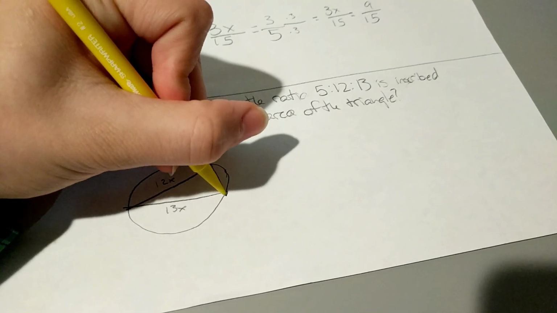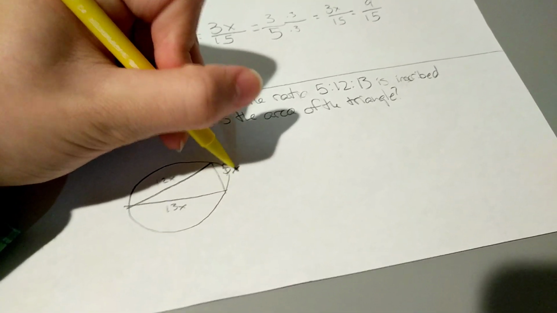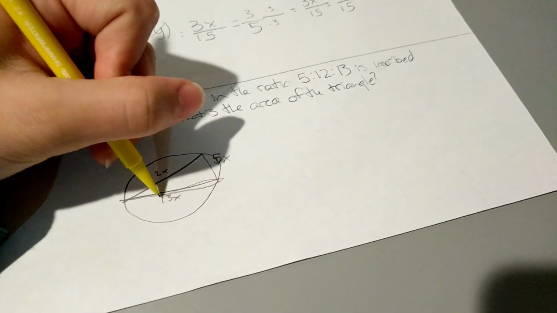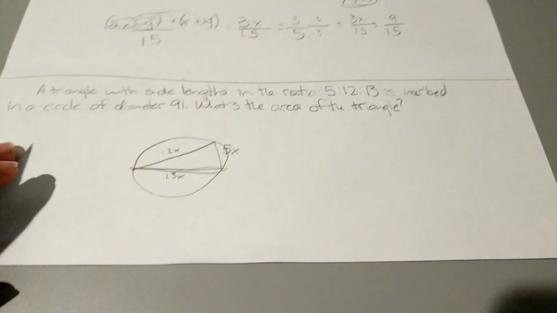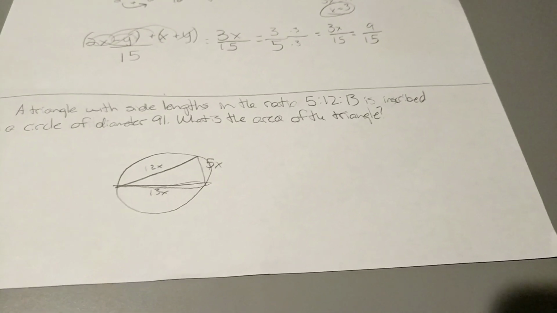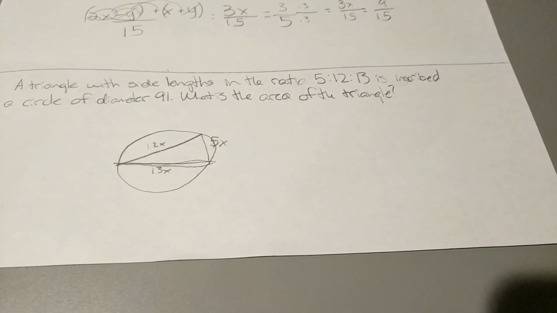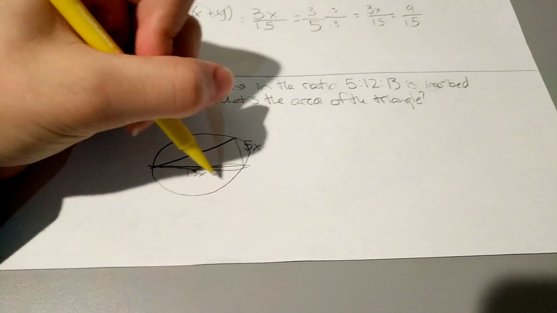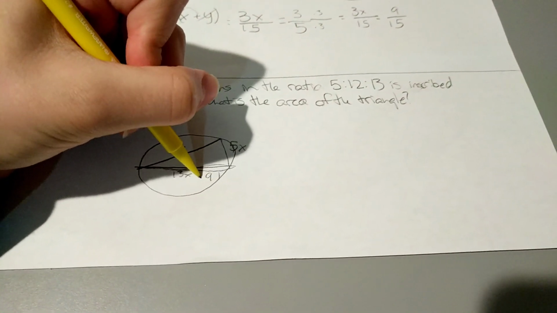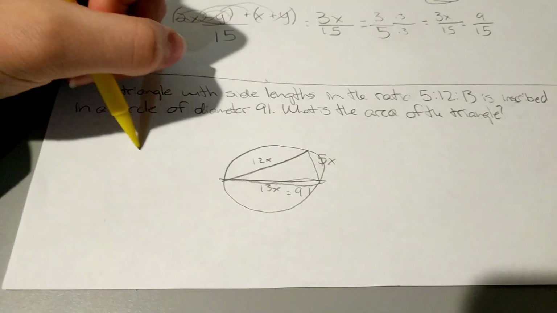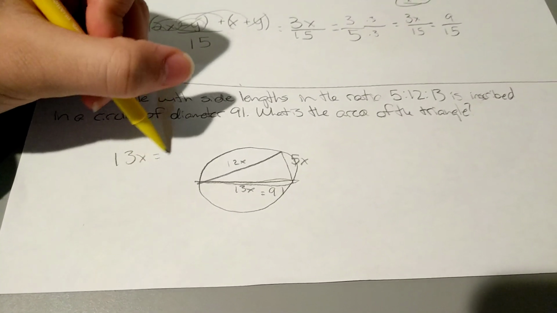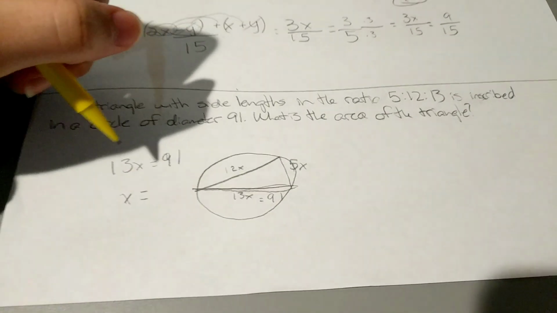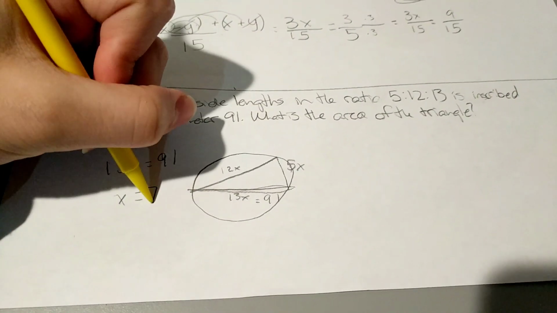And then this length will be the 5x. And this right here, this is the diameter, which is another really special property that this triangle has in relation to circles. So we already know the diameter is 91. That means that 13x equals 91. That makes x equal to 7.